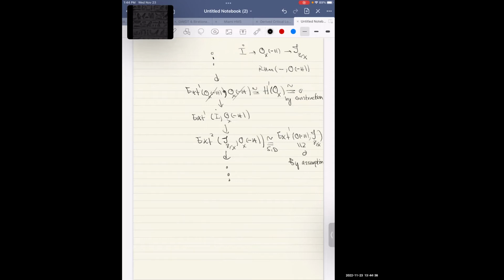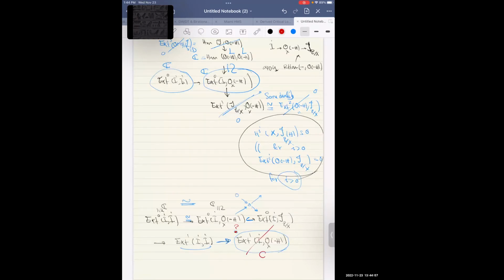This is the kind of analysis you need to do. So this complex is squeezed between 0 and 0. 0 maps to it and then gets mapped to 0. So this complex has to be, as a result, isomorphic to 0. So as you can see, this complex vanishes. So I am left now with an injective and a surjective map between these two things.